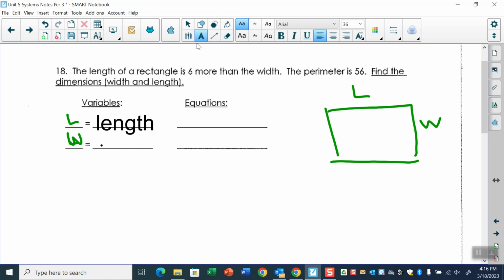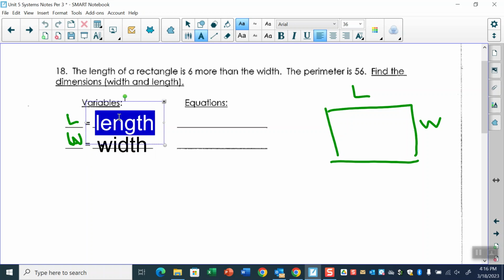And W is the width. Okay, and so now we're going to write, gotta find out two equations here.